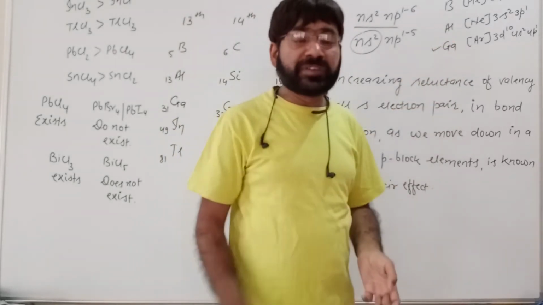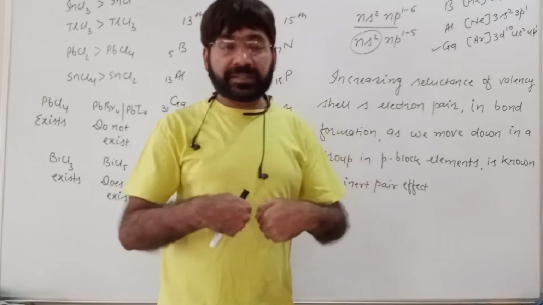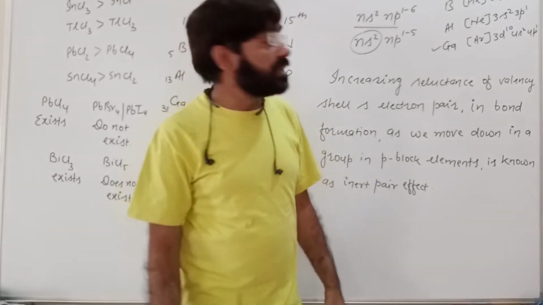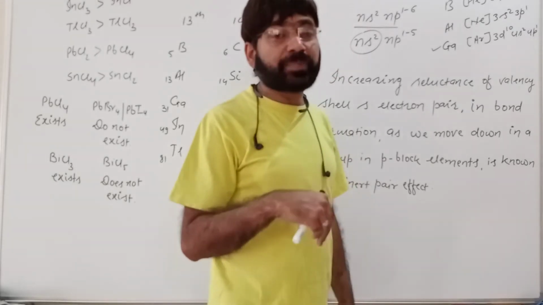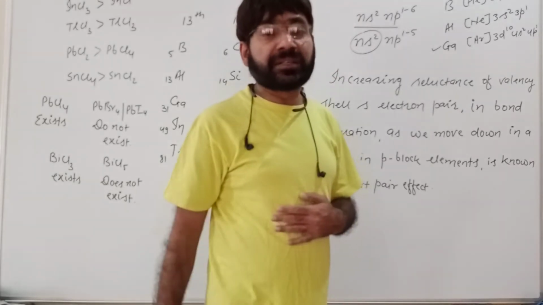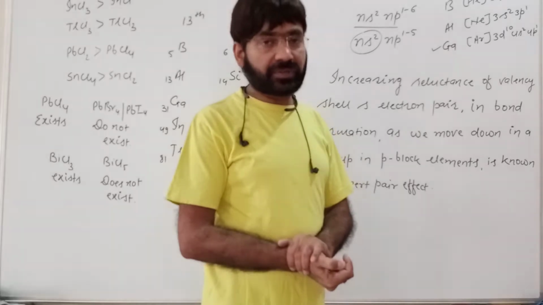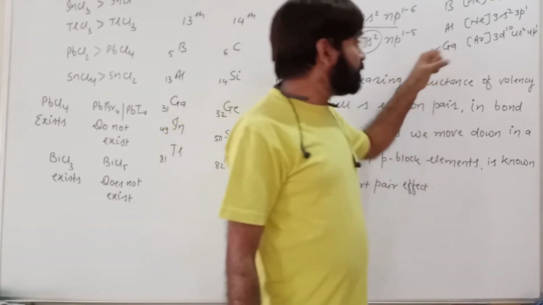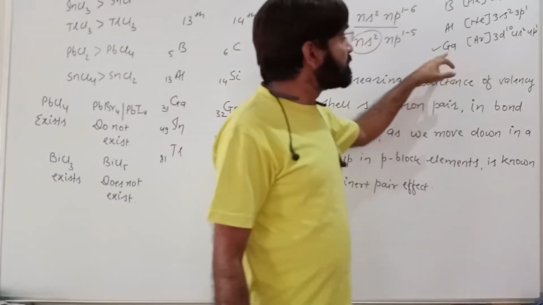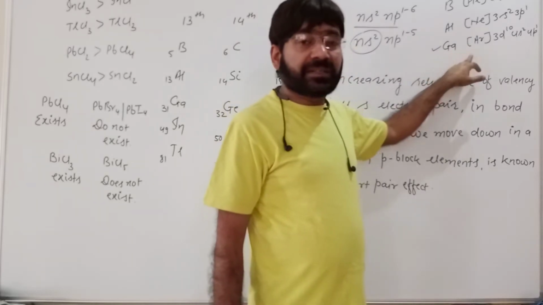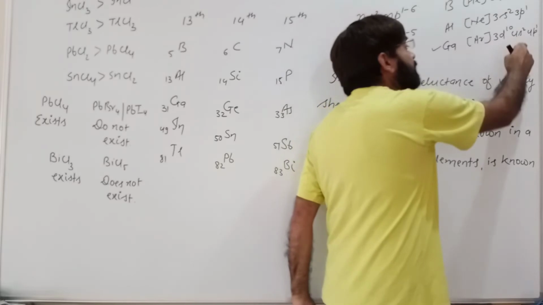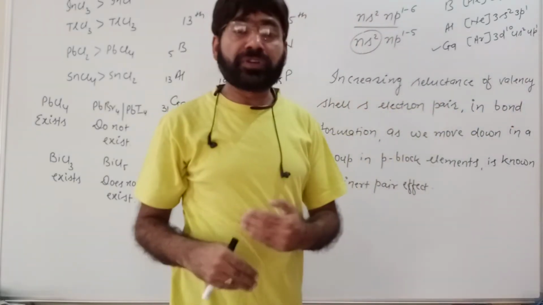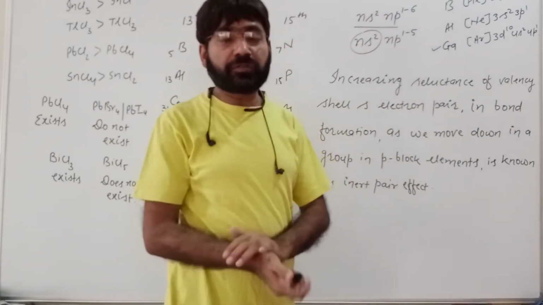In general, there is an increase in the elements down a group, but the percentage increase decreases. You're getting my point? So as the percentage increase in size decreases, that is why the s electron pair finds it difficult to involve itself in bond formation.